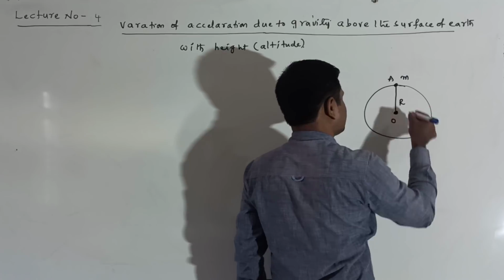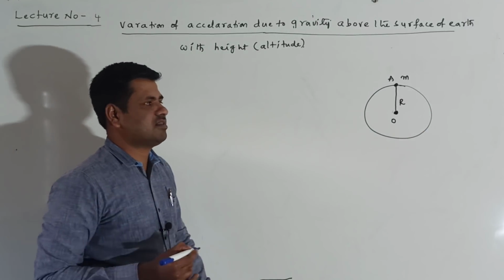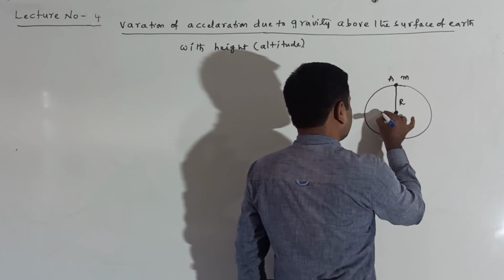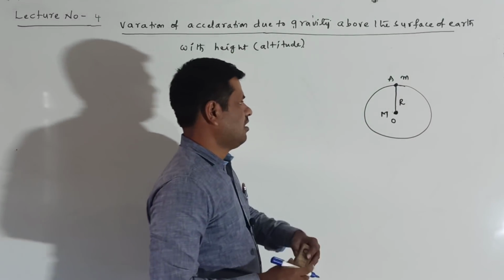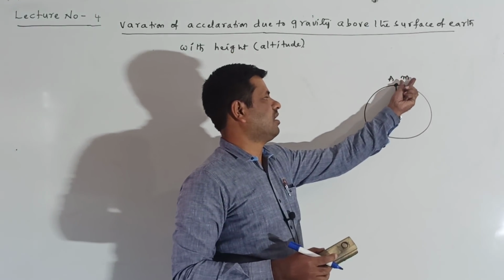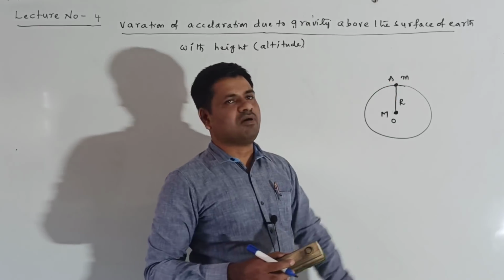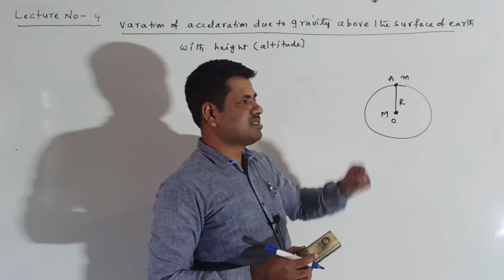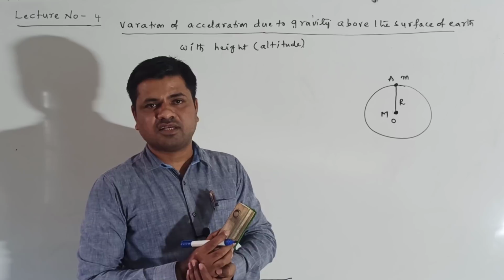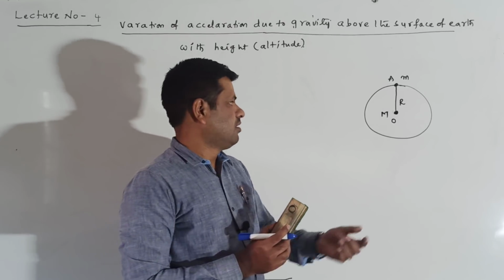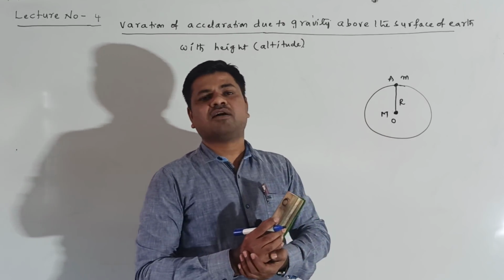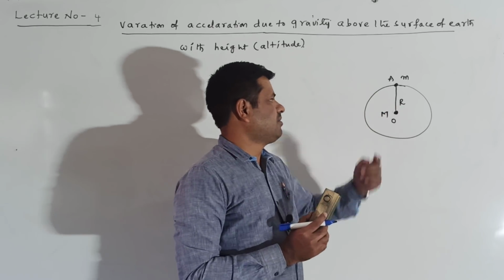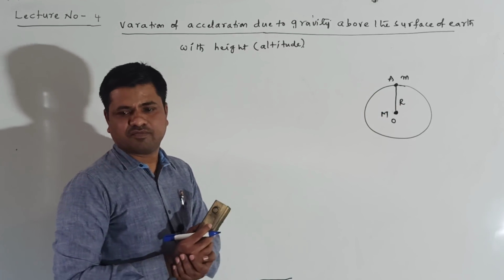The radius of the earth is capital R. Capital M is the mass of the earth. On the surface of the earth I am placing the body, that body having mass small m. Here capital M is the mass of the earth and capital R is the radius of the earth.